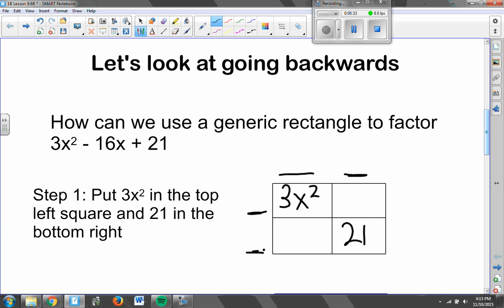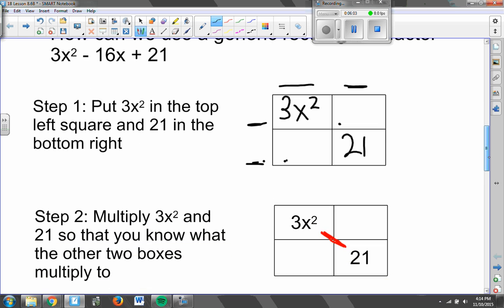So we'll put those in exactly where they are. The other reason we can do that is because we know that that's the only x squared is in my top left box, right? And the only numbers are in my bottom right box. This box and this box both have x numbers in them, which we're going to try to find here in a minute. Step 1 is to put 3x squared in the top left box, 21 in the bottom right box.